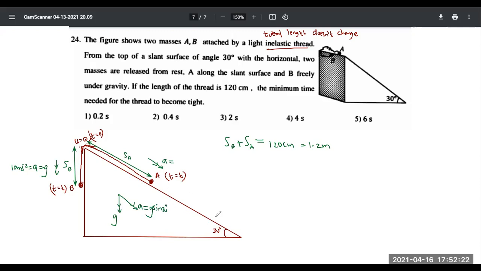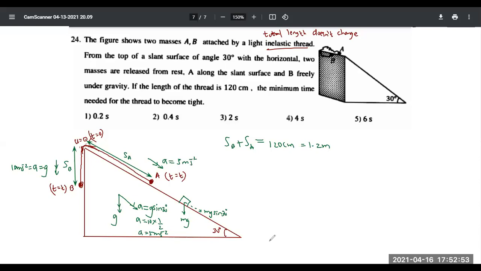It's like mg sin 30 we take, people, when an object is like this, weight mg. And how do you take the component along the inclined plane? mg sin 30. Similarly, g is downward, so the acceleration along the inclined plane has to be g sin 30. And that is 10 into sin 30, which is half. So that is 5 m/s squared. B will be going down at 10 m/s squared. A will be sliding along the inclined plane at 5 m/s squared.